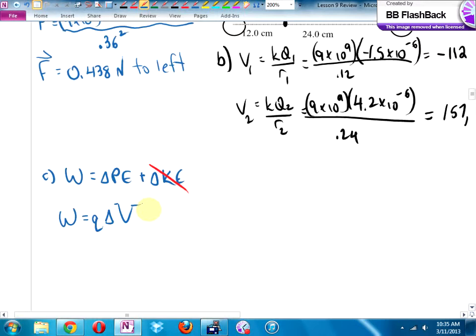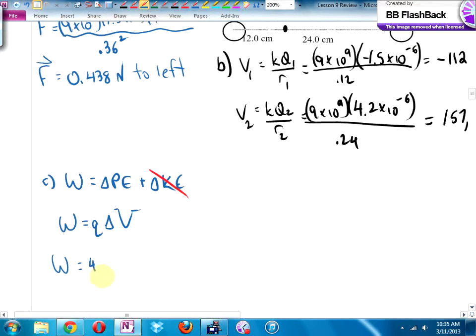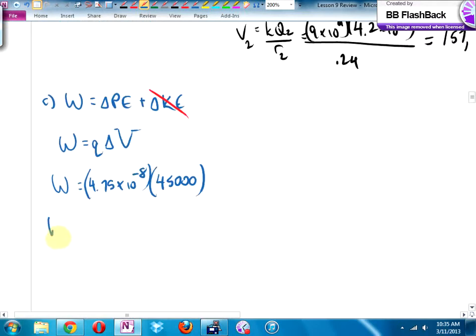How big is the charge that we're moving? 4.75 times 10 to the negative 8, sorry. That'd be a huge charge if it was times 10 to the 8th. Times 45,000 volts. How many joules of work will this take?